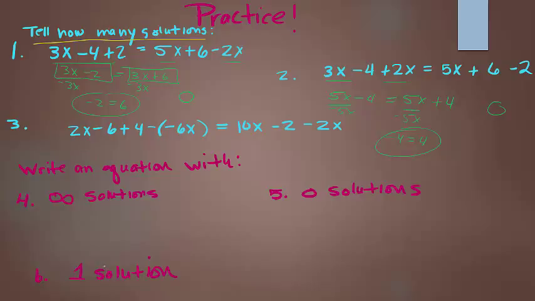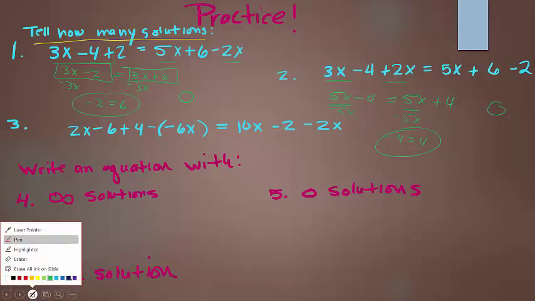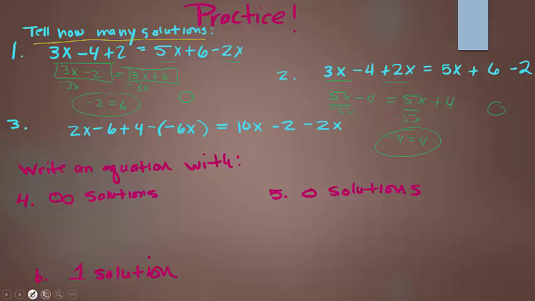All right, number 3 down here, let's clean up this one. Let me get a color that'll show up here. All right, so first let's deal with that. It's going to be plus 6x. So we have 6x and 2x, so we have 8x. And negative 6 and 4 is negative 2. On the other side, we have 8x and negative 2.